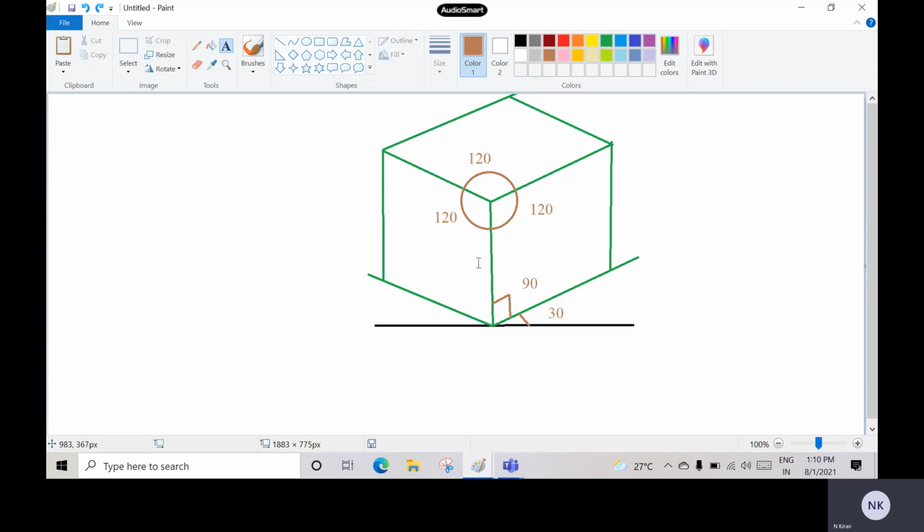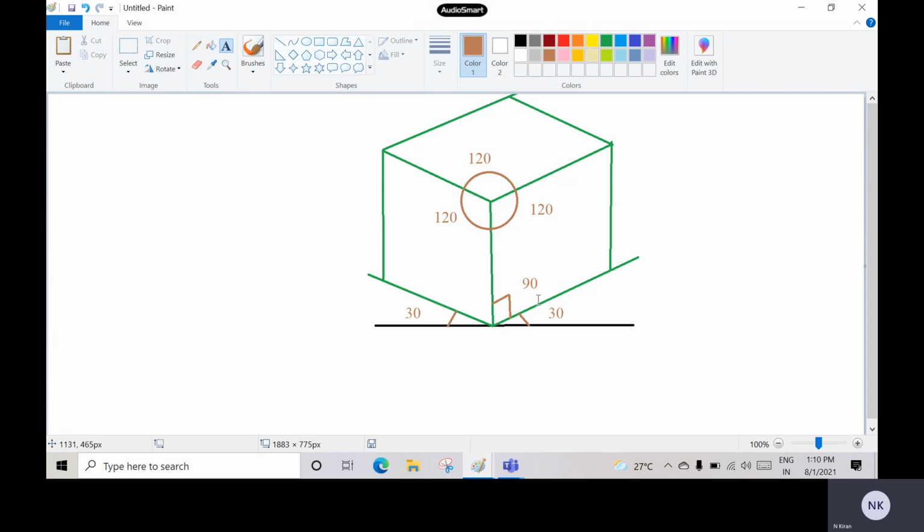Similarly here is 120, and the angle between here will also be 120. The other corner is the same: here it will be 30 degrees, and the corner will be 90 degrees. This part also you will get 90 degrees.